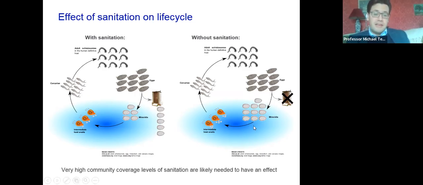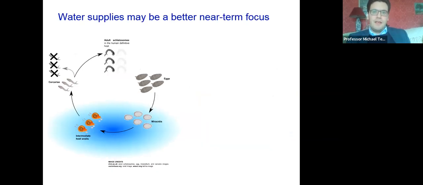So probably in terms of sanitation, while it's definitely a very important intervention, and obviously having a toilet has lots of other benefits besides schistosomiasis prevention, you're going to need very high community coverage levels before you're likely to have an effect.